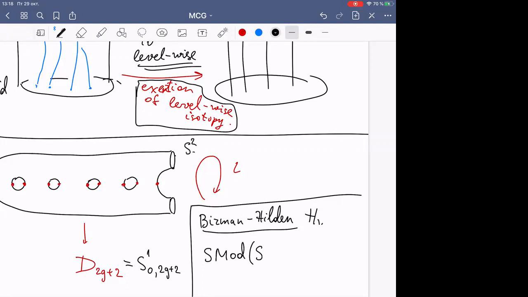Now this is S_2g, of a genus g surface with two boundary components. Again, it is isomorphic to the braid group, but now the braid group on 2g plus 2 strands.